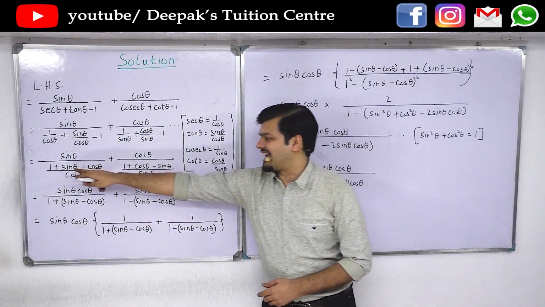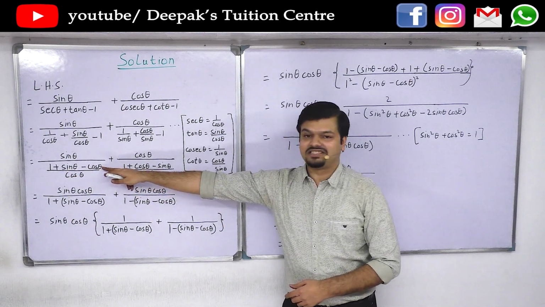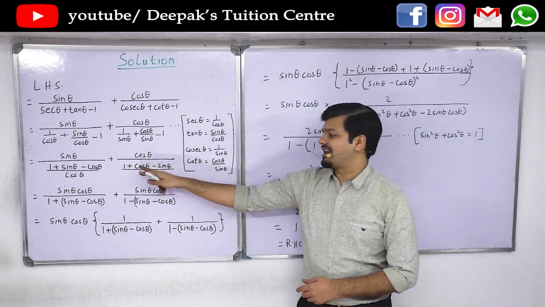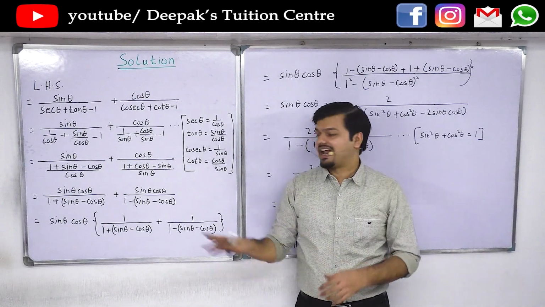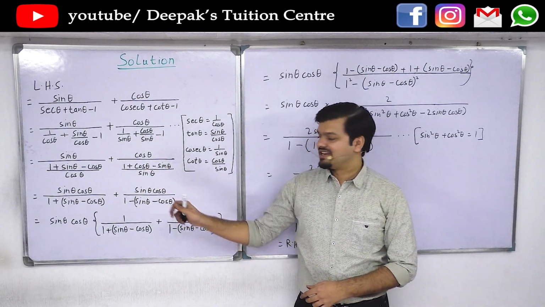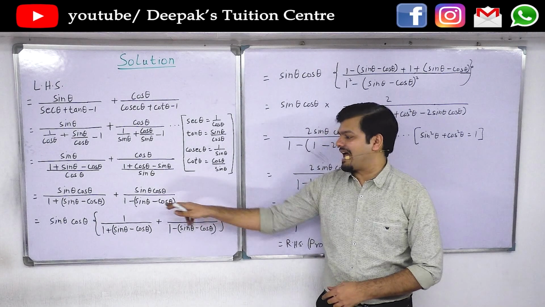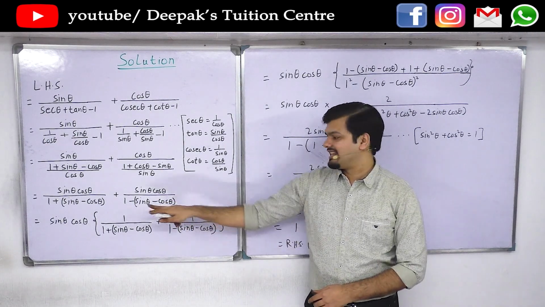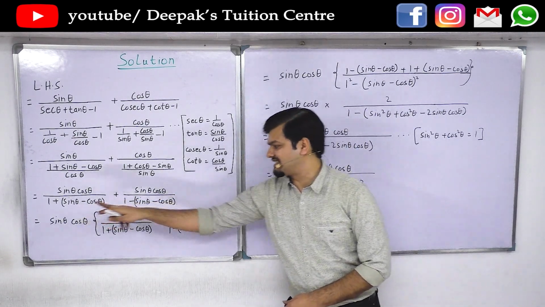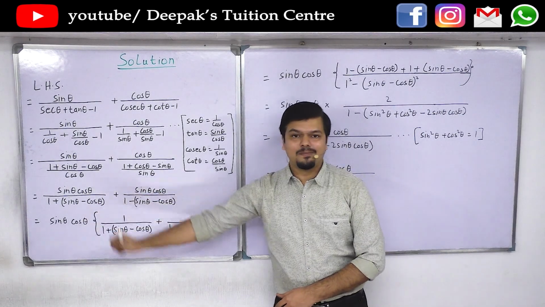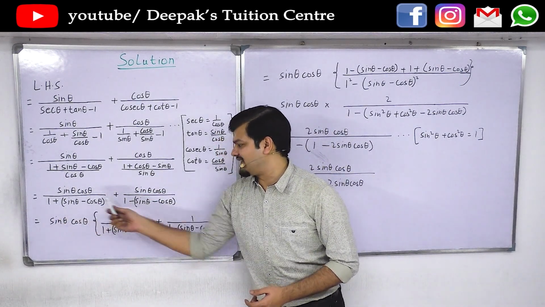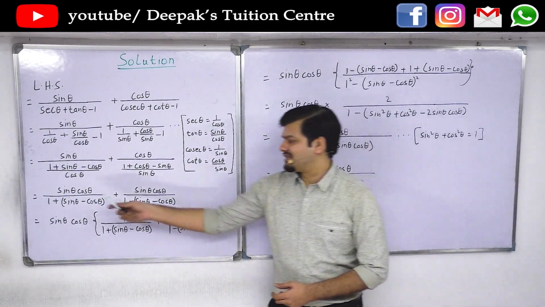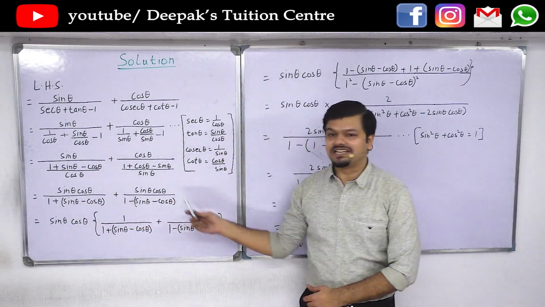Now I can see that sin theta is positive here and cos theta is negative, but in this fraction, cos theta is positive and sin theta is negative. To make them similar, I take minus common. So we have 1 minus (sin theta minus cos theta). Now sin theta is positive in both cases and cos theta is negative in both cases. You can see this looks like 1 plus something, 1 minus something. So that is (a plus b)(a minus b).